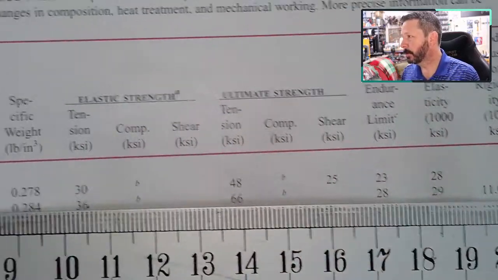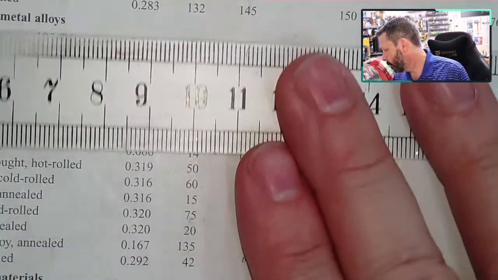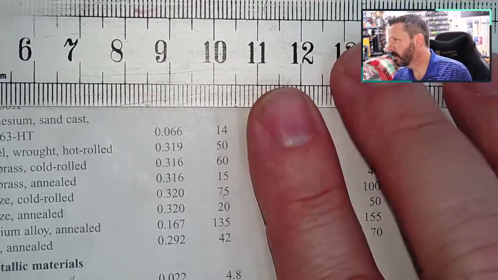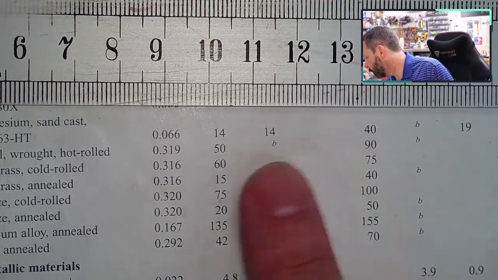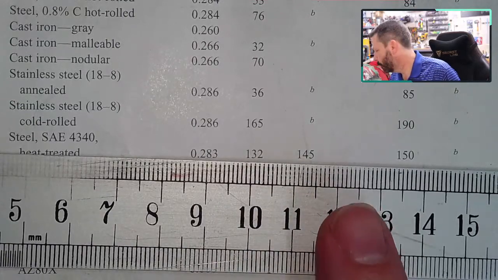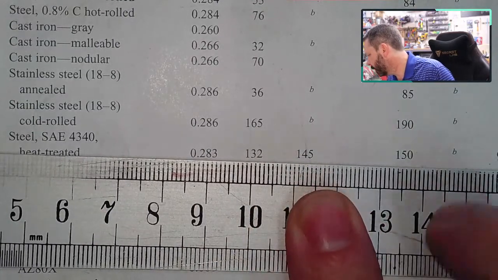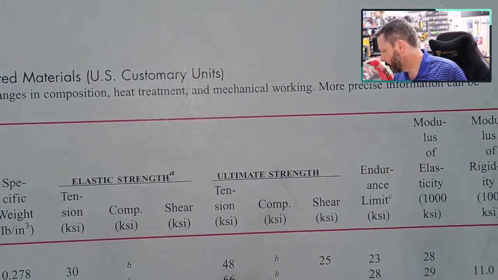So that's what the little B symbol means on most of the ones. Here's some. Let's see. There's one. 14 and... Oh, well, actually, they're the same. Here's one that's different. 132 in tension, 145 in compression. That's a heat-treated steel. All right, so that's what that is.